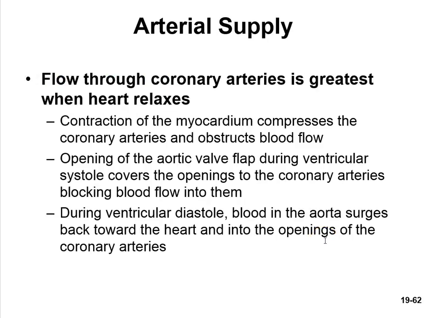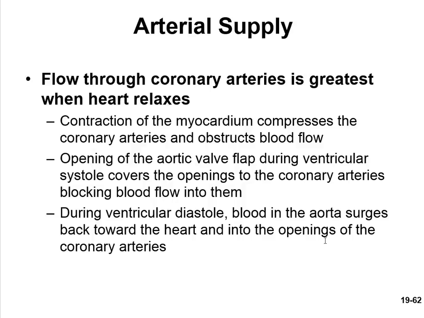Flow of the coronary arteries is actually greatest when the heart relaxes because the contraction of the myocardium, the muscle tissue, compresses the coronary arteries and actually obstructs the blood flow for a brief part of a second.